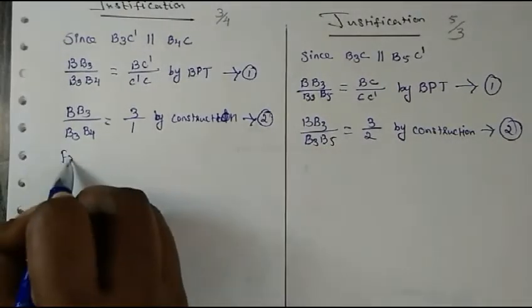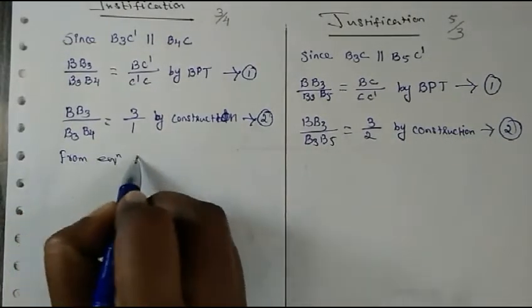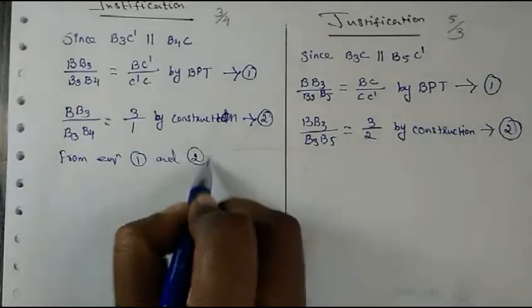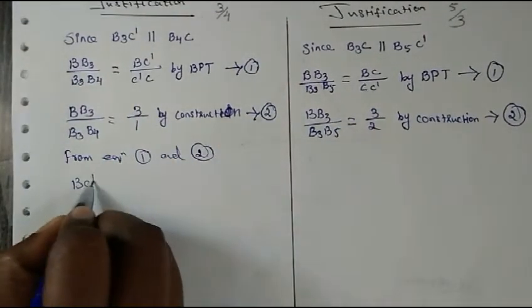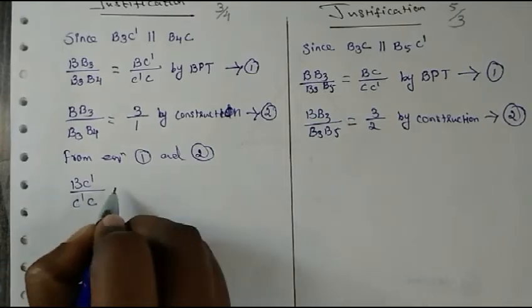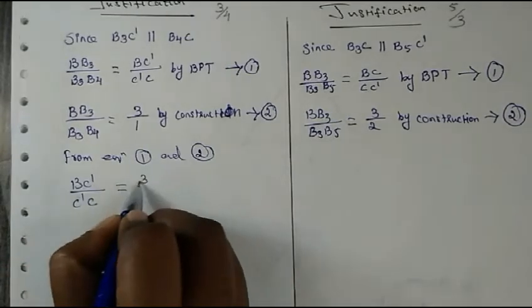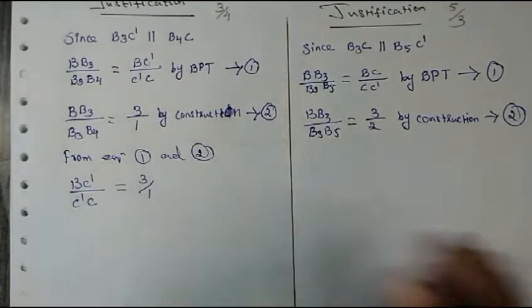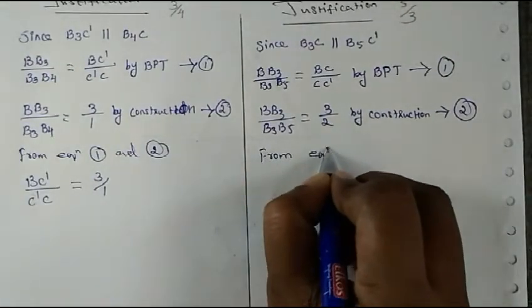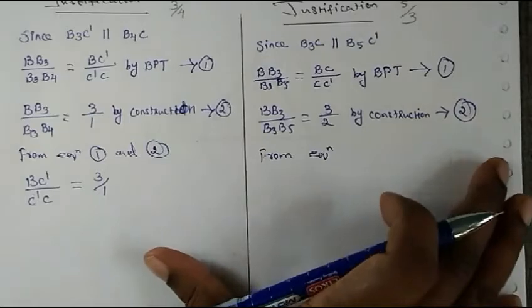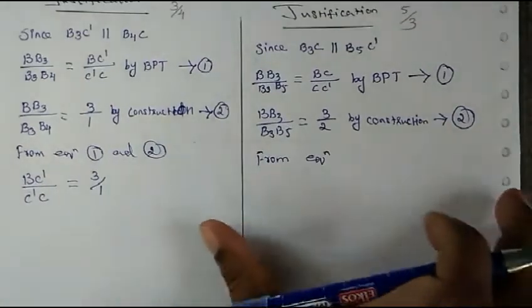So from equation 1 and 2, we will write this as equal. BC dash, C dash C will be equal to 3 upon 1. So same way here also we have to write. This justification remains the same, the same step for all the constructions that you do.